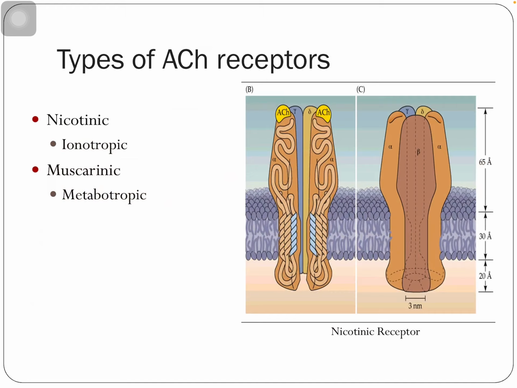This is an example of the different types of receptors. For an acetylcholinergic receptor, there are two main types of receptors that have places for acetylcholine. One is a nicotinic receptor, which is what we see here. You can see this is the binding site. This is an example of an ionotropic receptor.